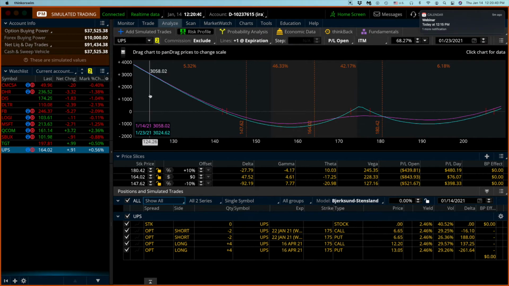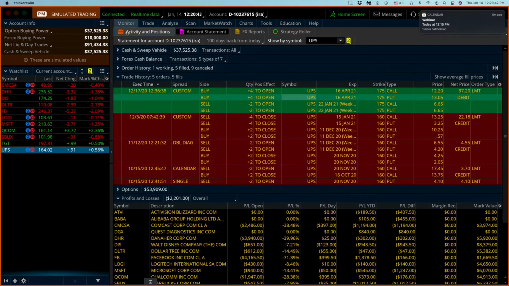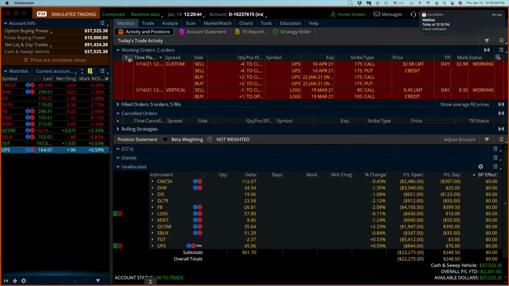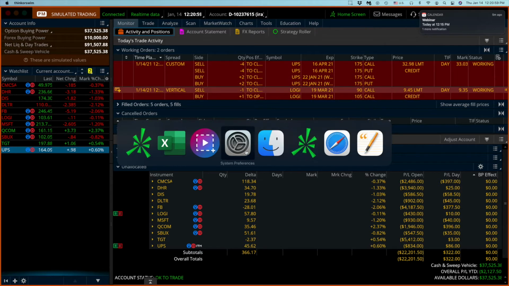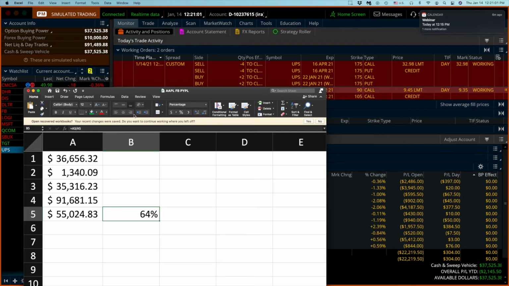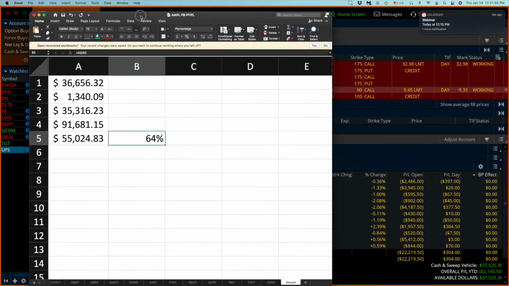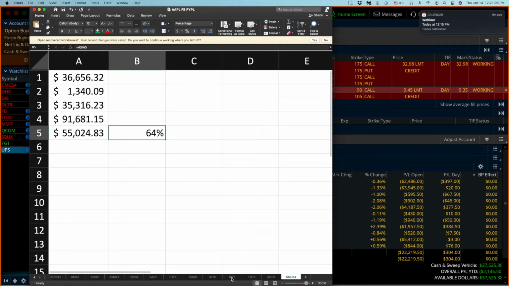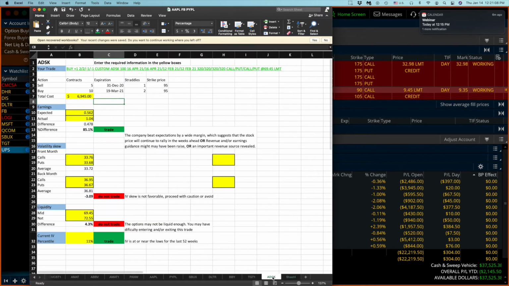Okay, while we wait for those trades to get filled, let's see quickly, we have the Logitech roll up and the UPS, yeah, that's okay. This one could be adjusted. But before we do that, I want to contemplate new trades. And here on my Excel spreadsheet, I have considered 3 trades today.